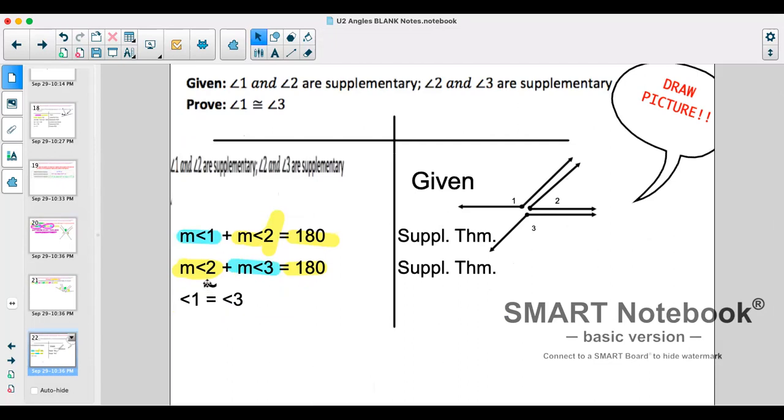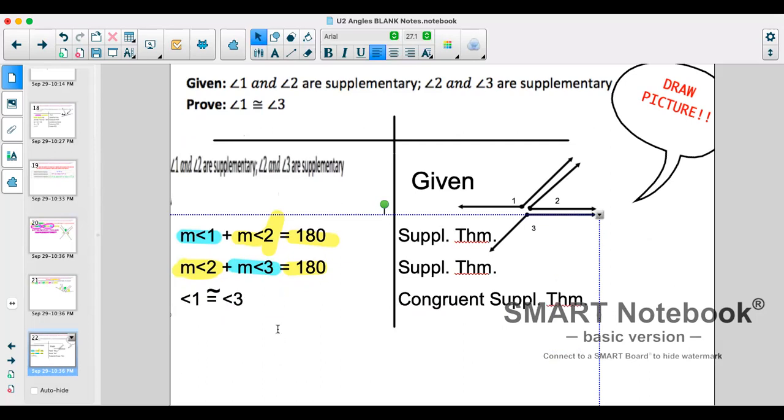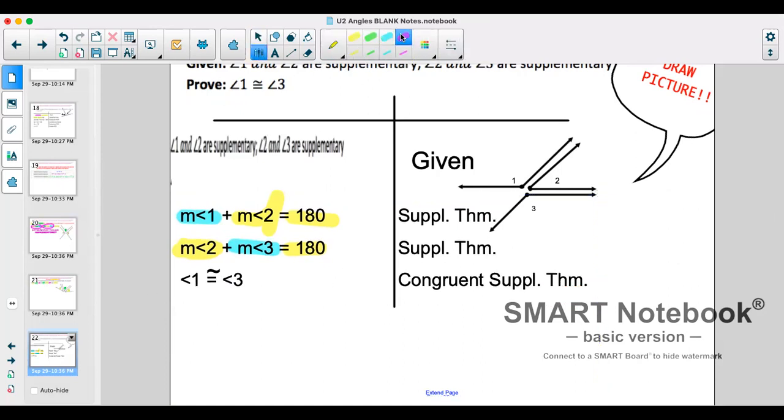If I wanted to go straight to that step, I would be allowed to, but the only way I'd be allowed to do that is if I said it was by the congruent supplements theorem. Now, if you're never going to remember that theorem, then that's fine. You may need it someday, but if you're just refusing to remember that, you could always get to it a different way.